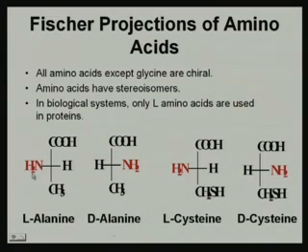This is the L form and this is the D form. The L form is present in the protein molecule, but the D form is found in the larvae and pupae of insects, so it does not play any role as far as protein is concerned.